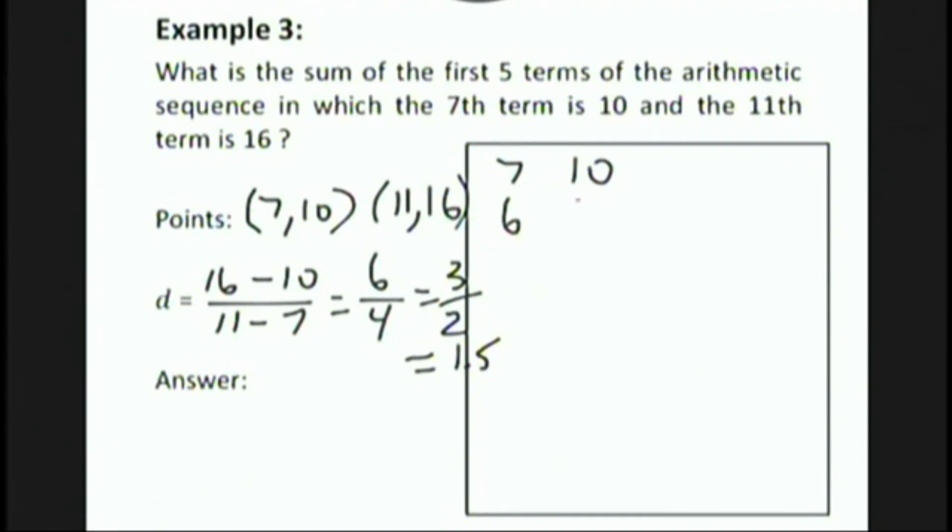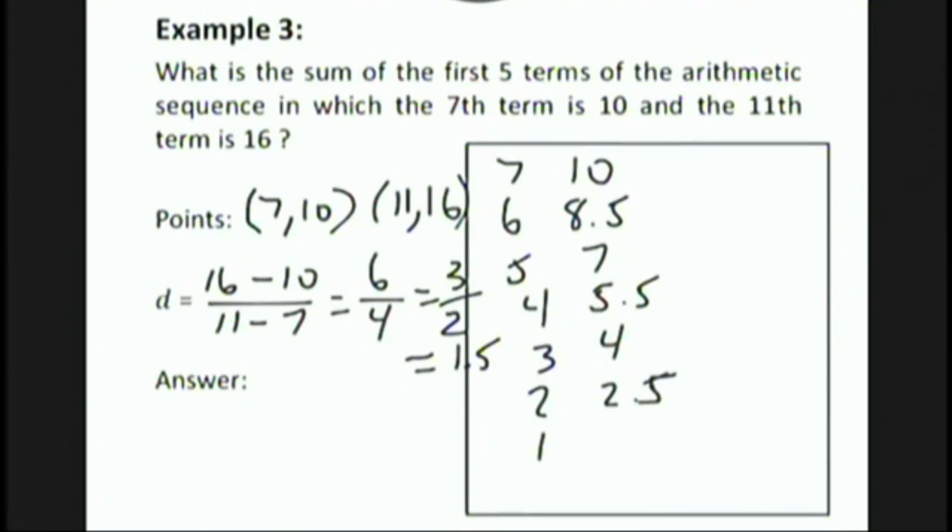So the 6th term is 8.5. The 5th term, we subtract another 1.5 to get 7. For the 4th term, we subtract another 1.5 to get 5.5. Following this, we get that the 3rd term is 4, the 2nd term is 2.5, and the 1st term is 1.